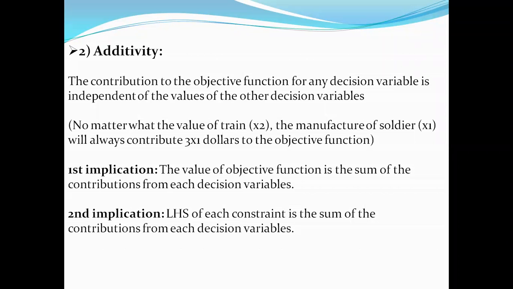First, the objective function with respect to the summation of contributions from different variables. Second, the constraint, the sum of the contributions from different decision variables, and each and every variable will be counted here. So that is additivity. Different in the sense that additions need to be made.